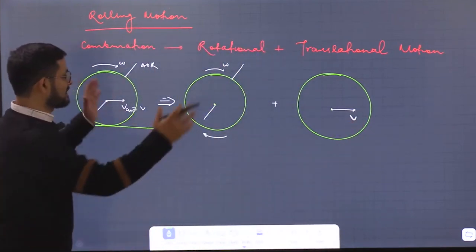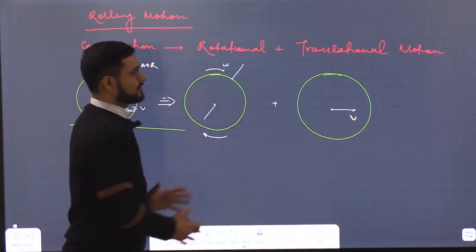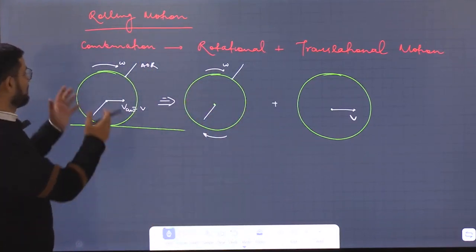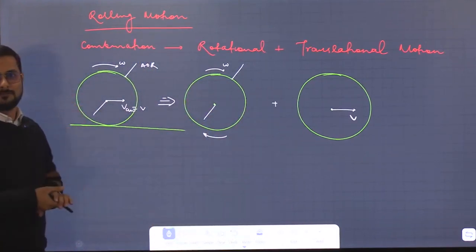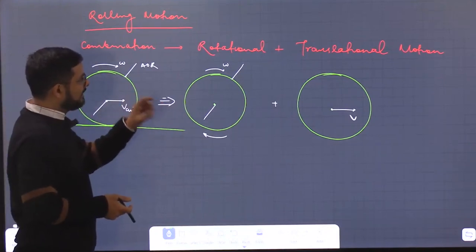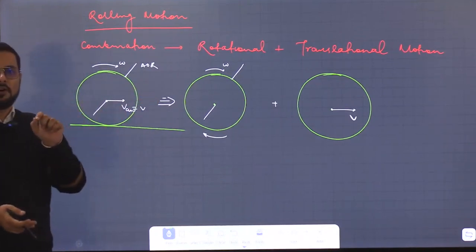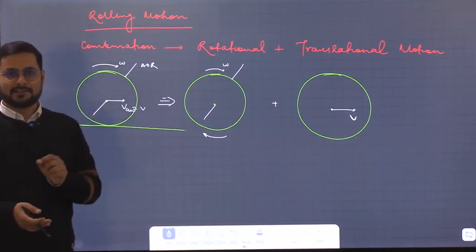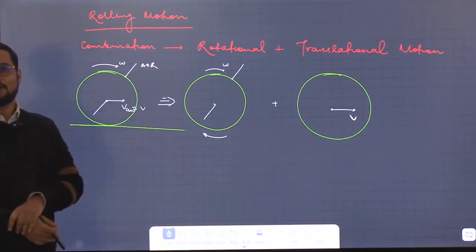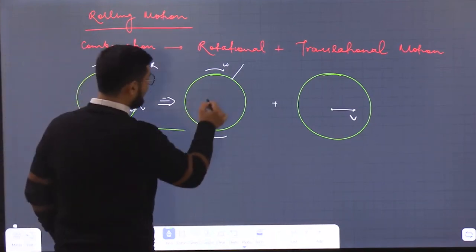Right? So when this rotation and translation are combined together, what we obtain is rolling motion.